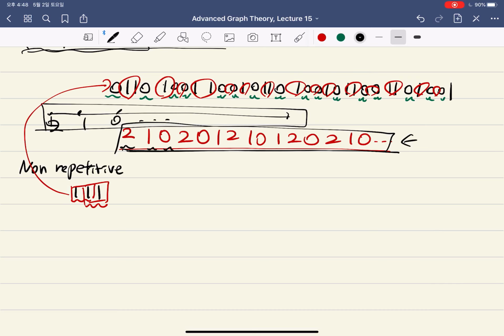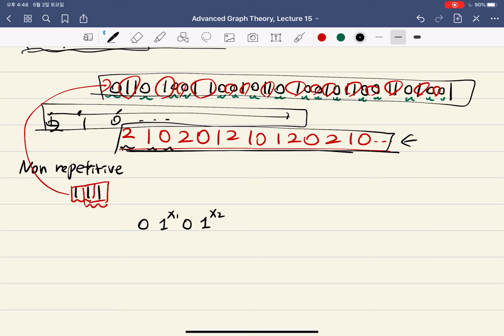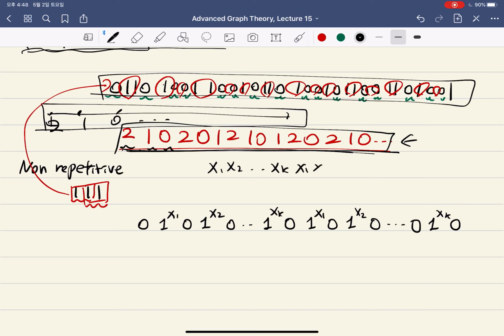And also, if there is a repetition here, that means in the sequence we have 0 and x1 many 1s, and then x2 many 0s, and so on until, say, xk many. And because this is a repetition, you have the same pattern again: x1, x2 to xk, and x1, x2 to xk.